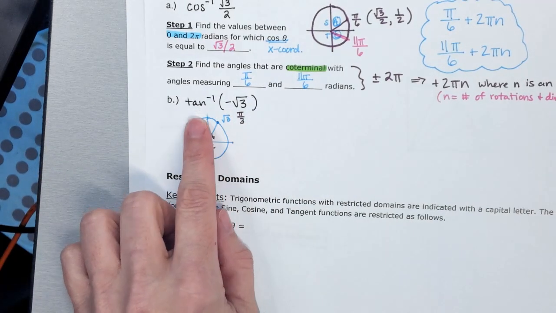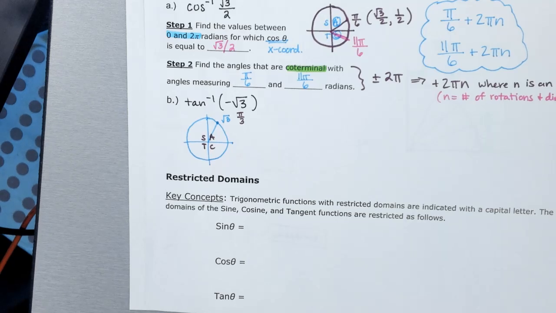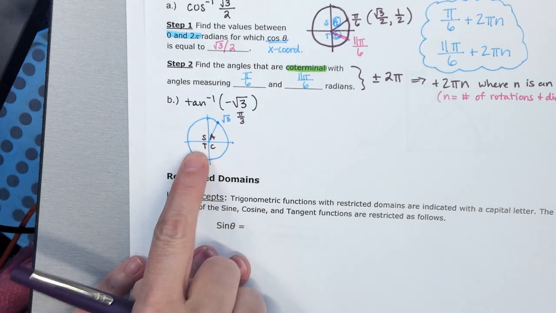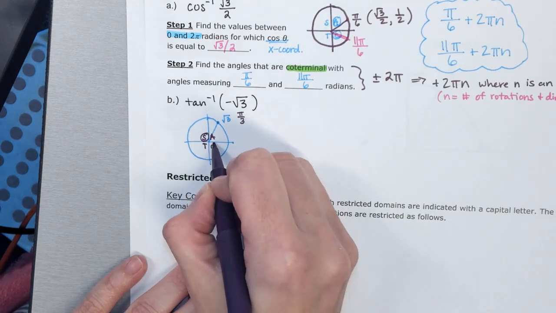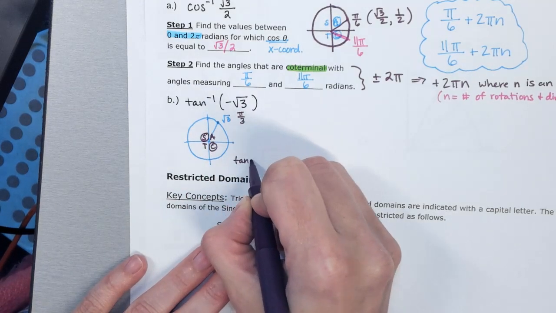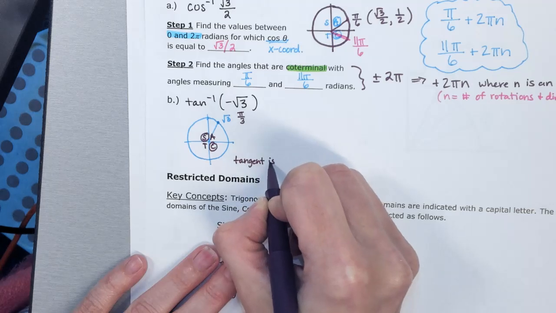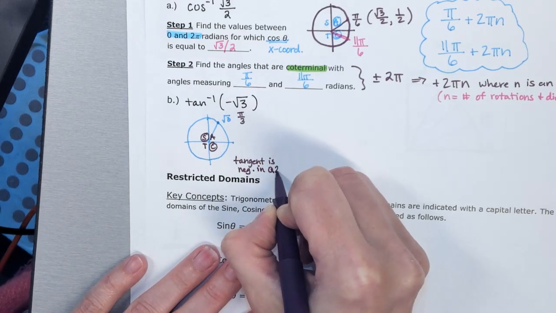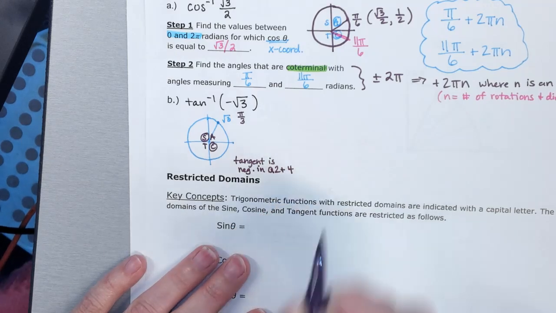So now I need to know where the tangent is negative. Okay, so the tangent is positive in 1 and 3, which means the tangent is negative in Q2 and 4.